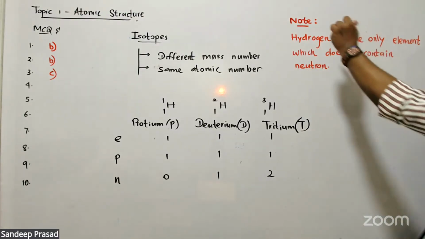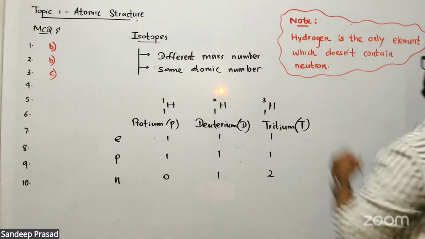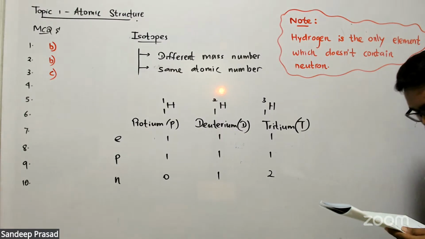Okay. So that's a very important point that you have to remember. Hydrogen is the only element which doesn't contain neutron. Okay.